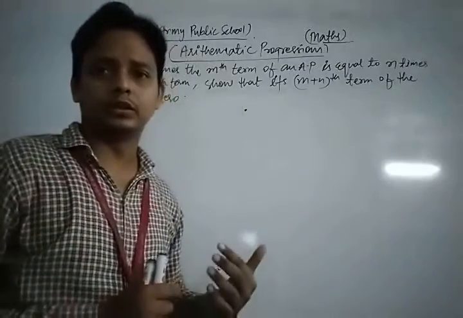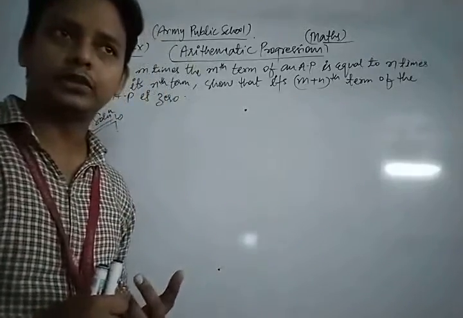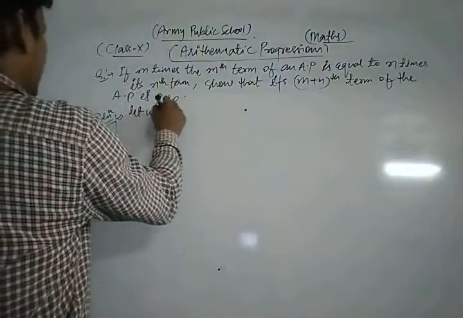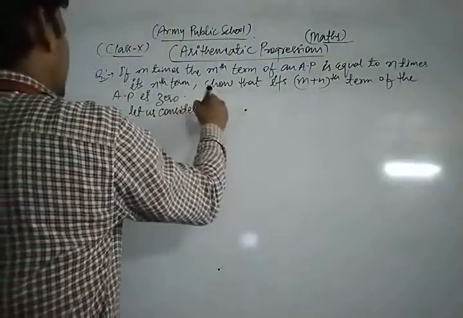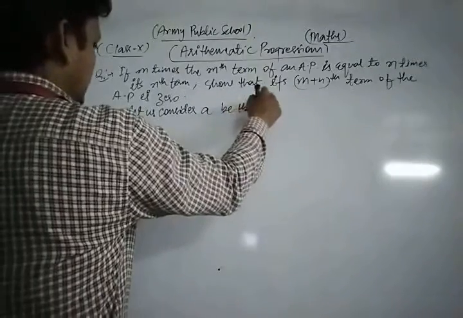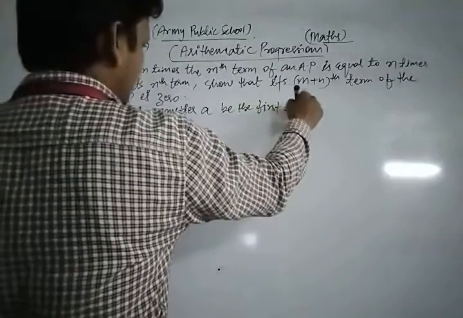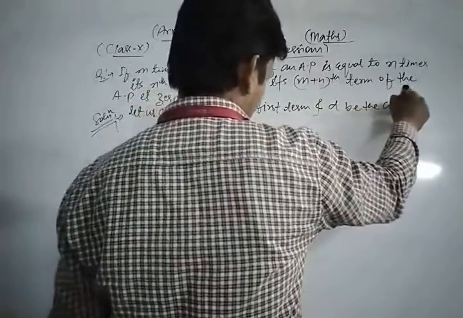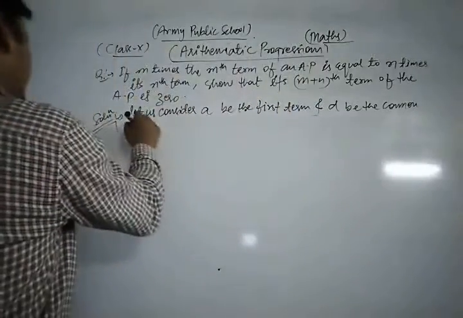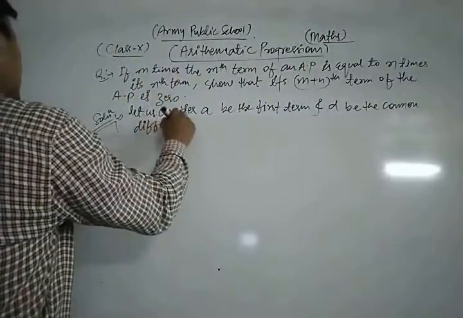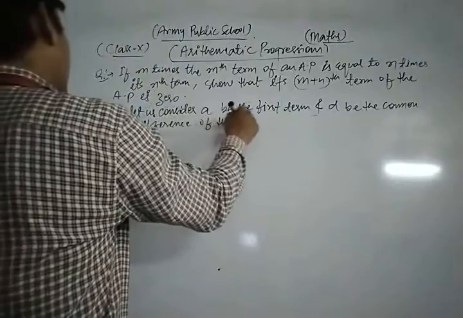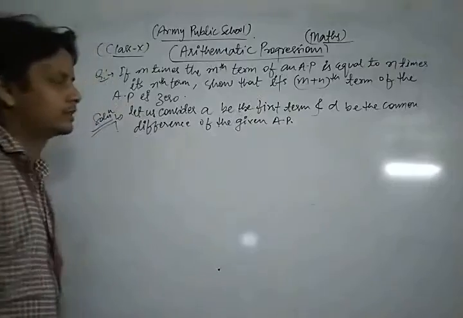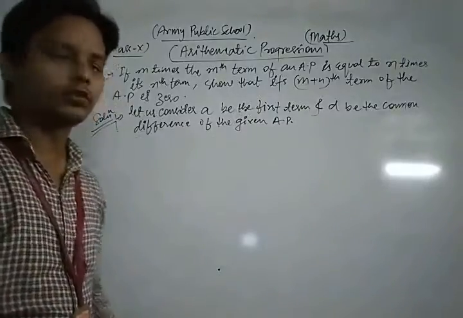So first of all, in that type of question we take A as the first term and D as the common difference of the AP. So let us consider A as the first term and D as the common difference of the given AP.